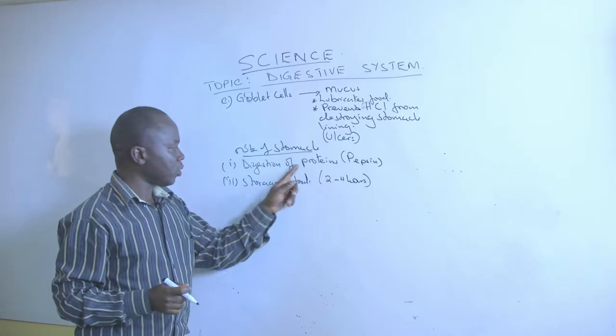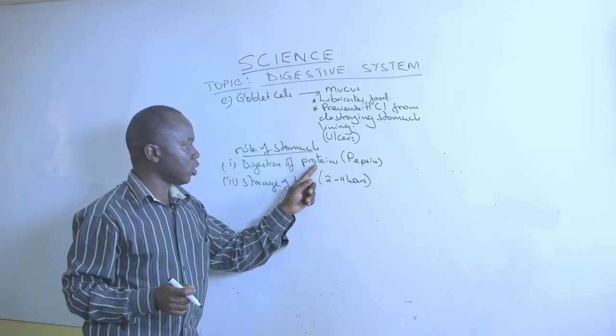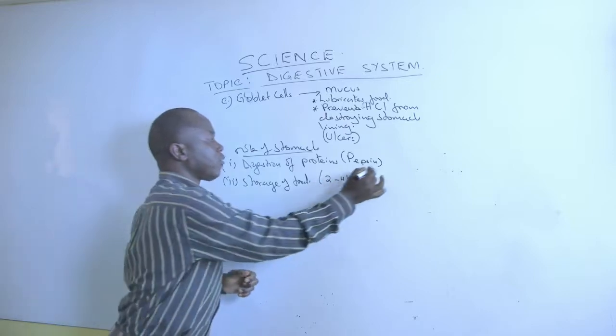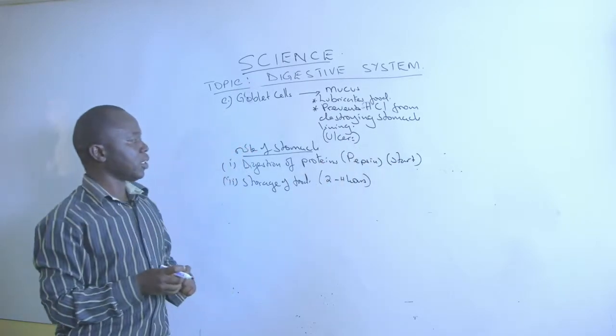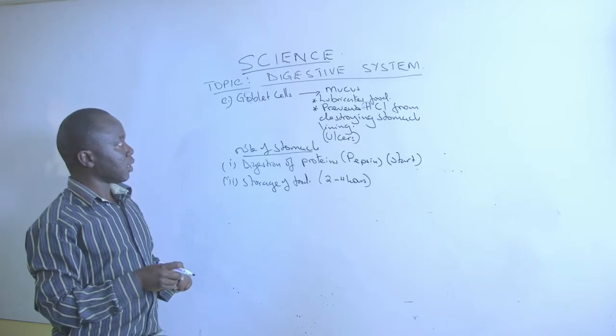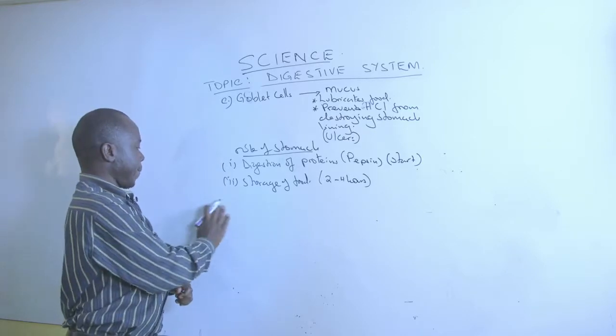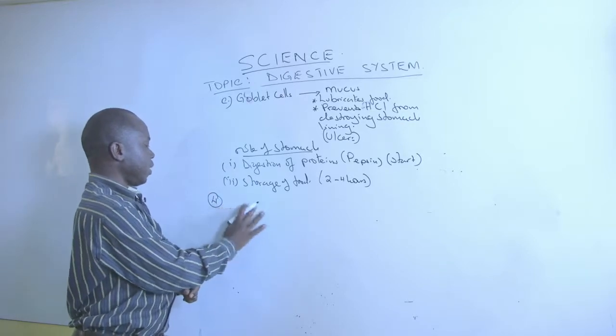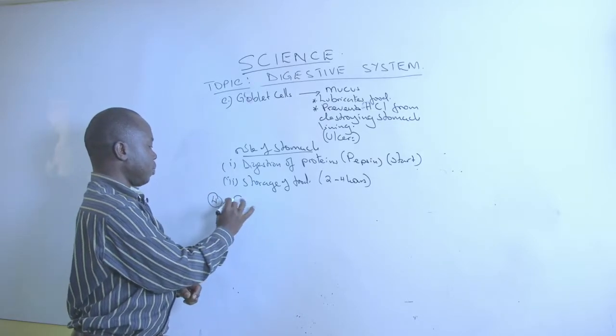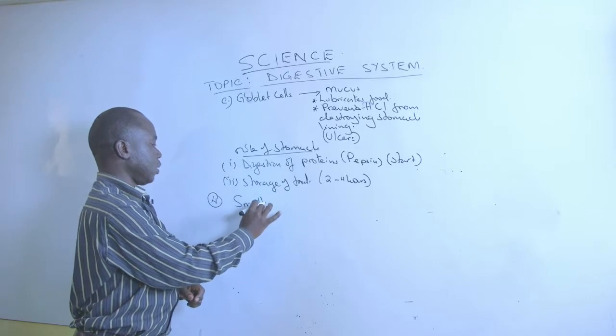And also we have mentioned that it digests proteins. That's where protein digestion starts. Then down the stomach, we have the small intestines.